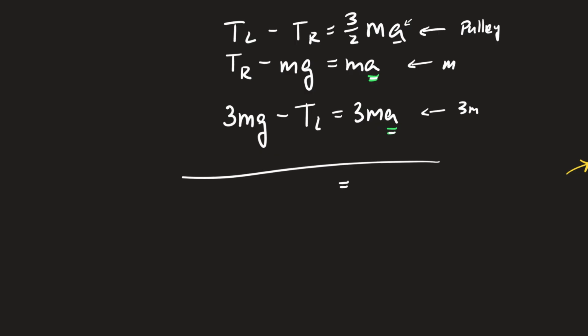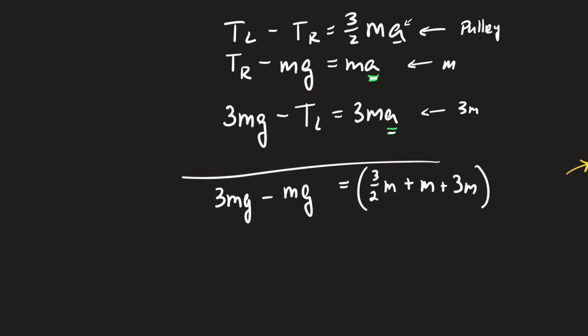So if I add them all together, I'm left with 3mg minus mg on the left side. All of those terms on the right side have an a in them, but I have 3 halves m plus 3m, all times a.